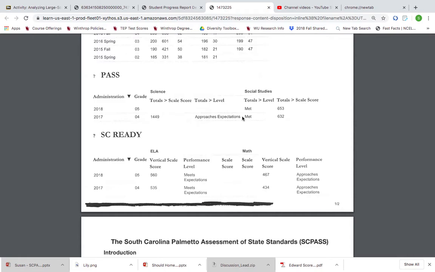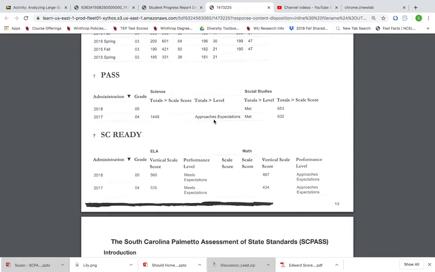So my level toward meeting the predetermined standard in science is approaching expectations. So when you see verbiage like approaching expectations, meets expectations, you'll see here in South Carolina Ready, we call them performance levels. That's a big hint this is criterion referenced.